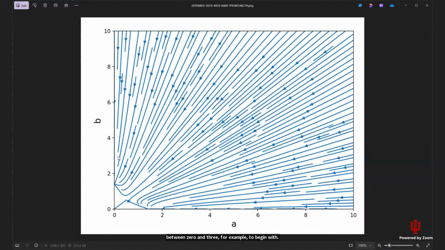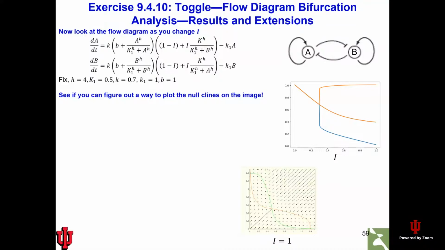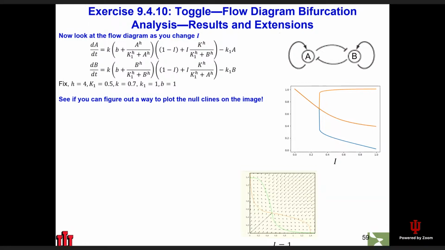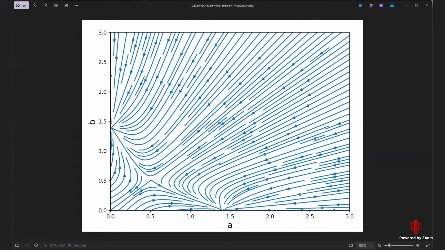Maybe it'll zoom in even a little more than that. Okay, that's better. We might even try to zoom in a little more.